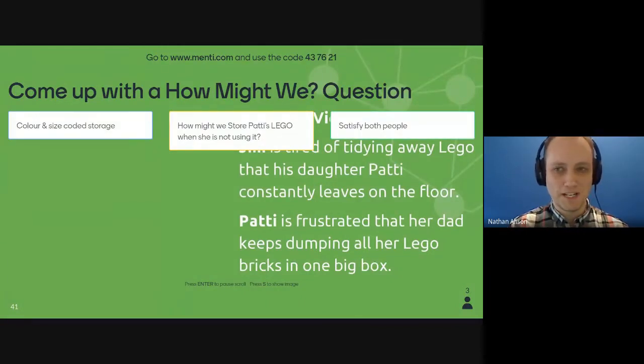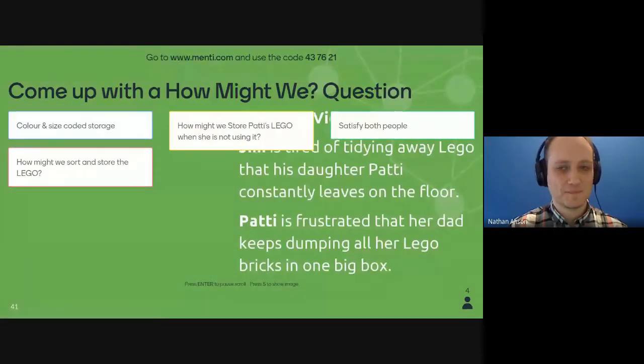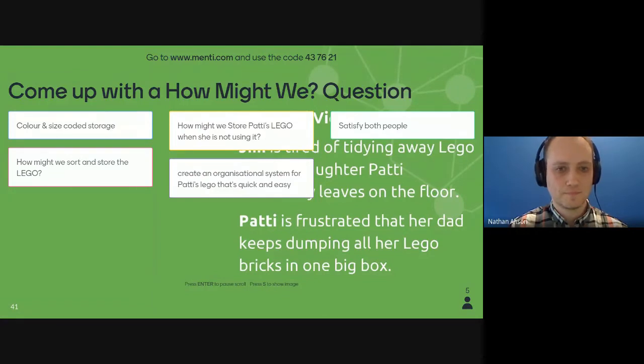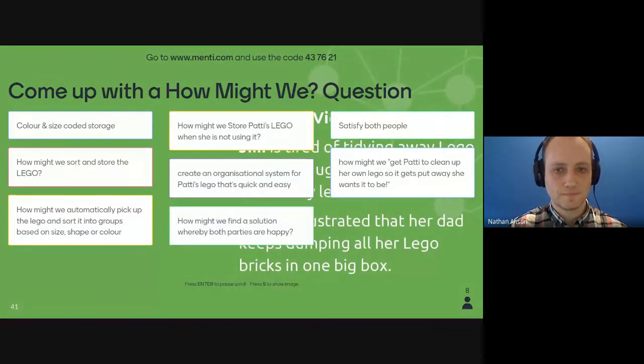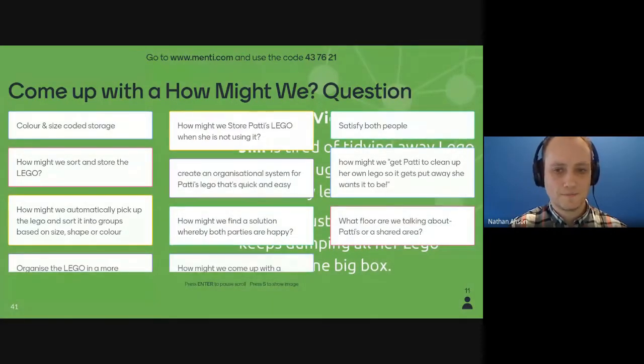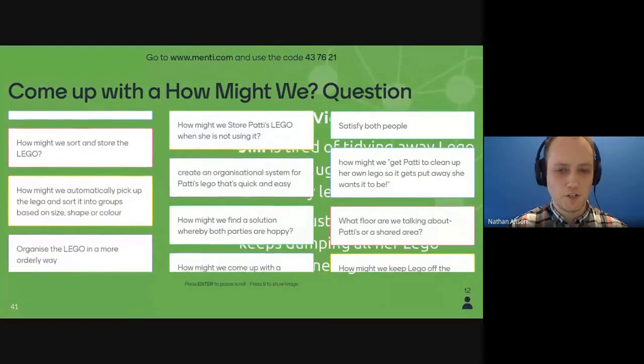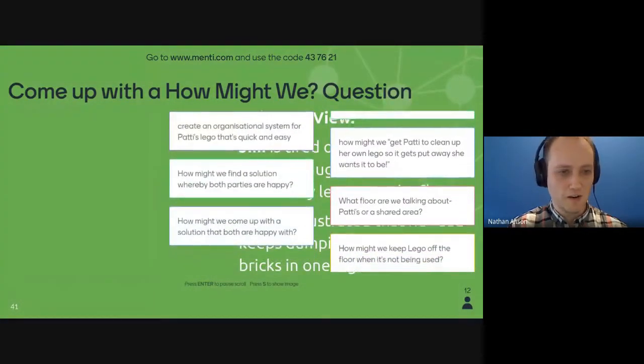And we don't want anyone getting autocorrected. That's a good question. Let's assume it's her bedroom. It's not a shared area.